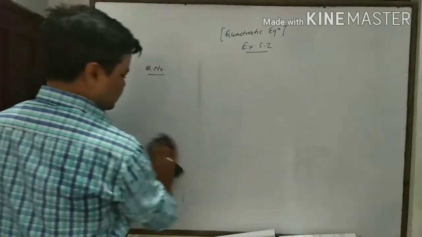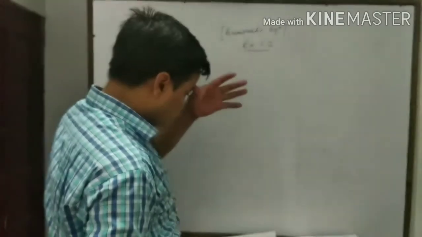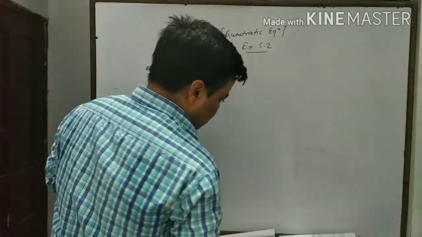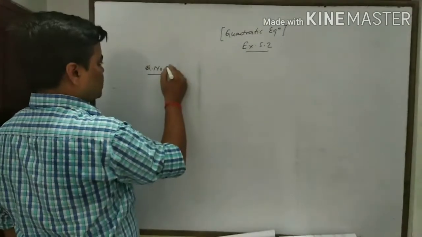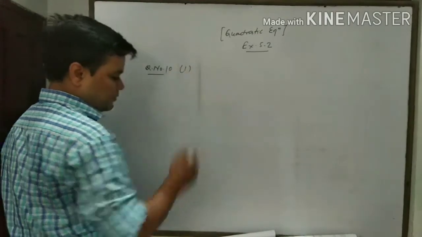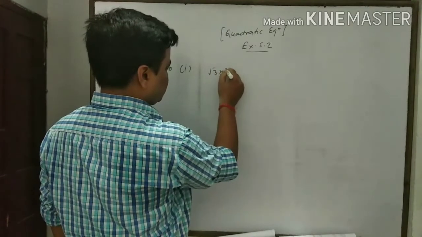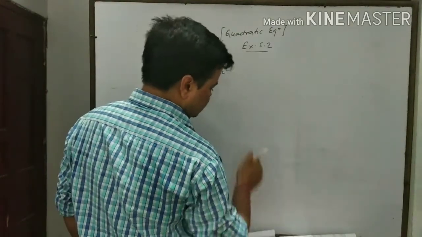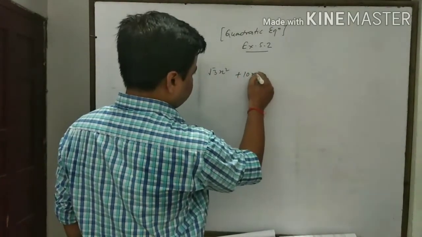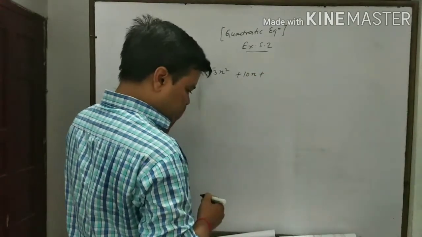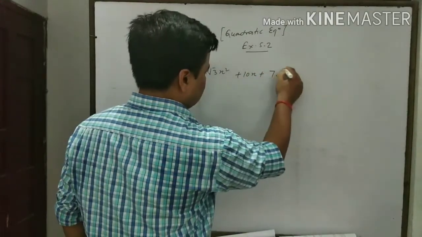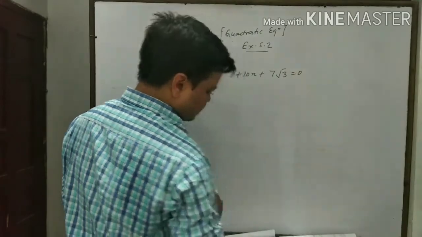That question is this. Question number 10 first is root 3 x square plus 10x plus 7 root 3 is equal to 0.